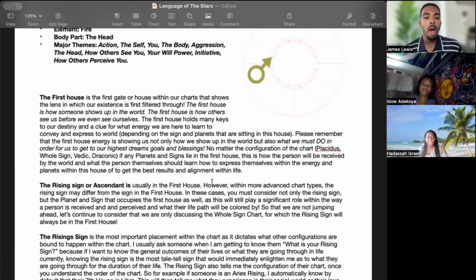Now, moving forward, the rising sign or the ascendant is usually in the first house. However, with more advanced chart types, like Placidus, the rising sign may differ from the sign in the first house.